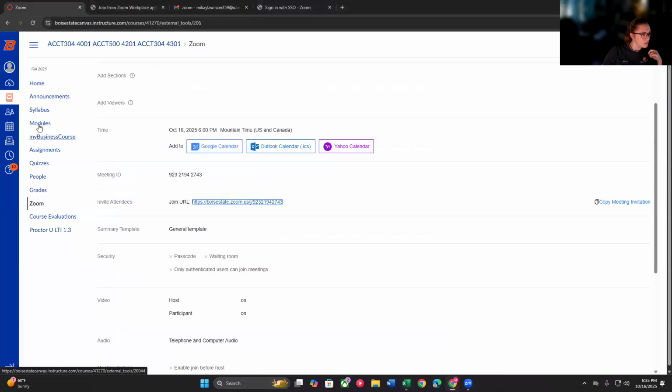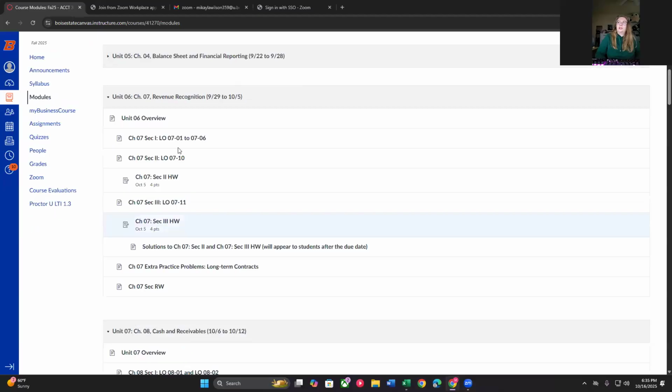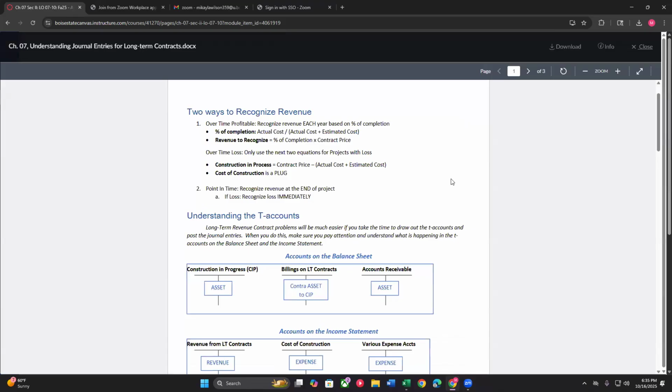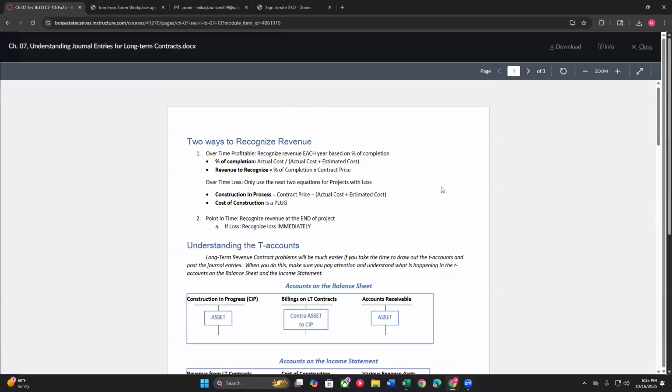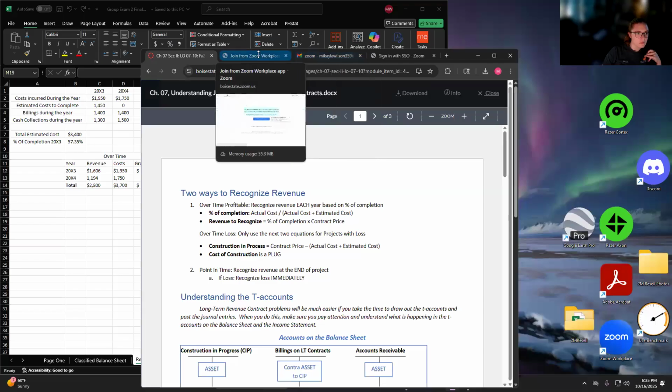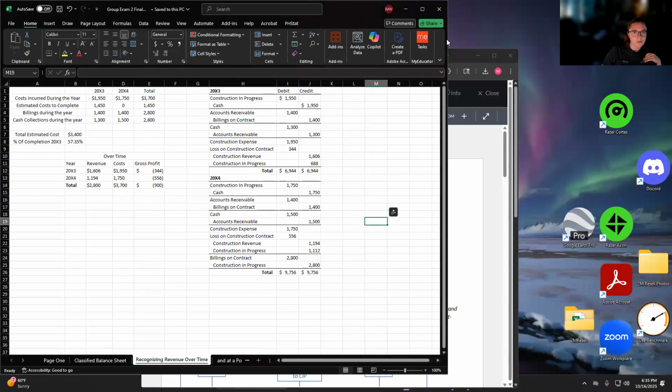Take a look at something real quick. Hang on, that's kind of dumb. The total estimated cost was 3,400, but they only charged them 2,800. All right.